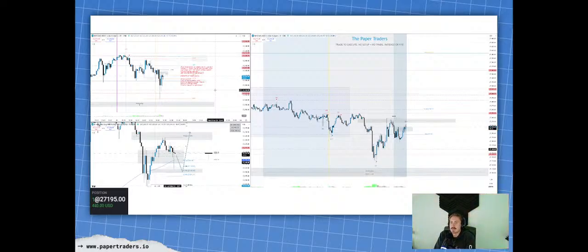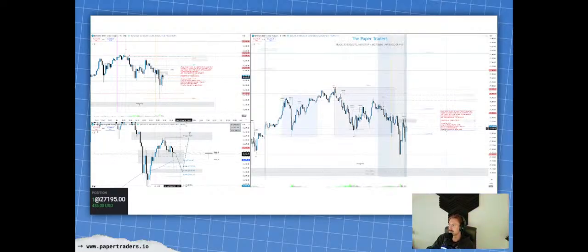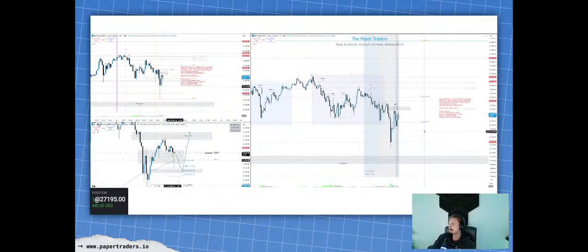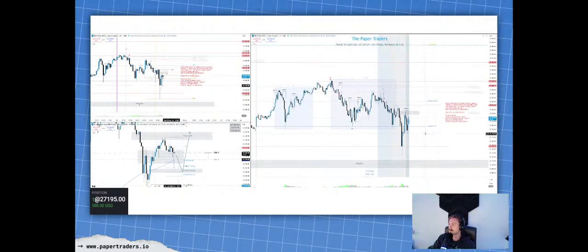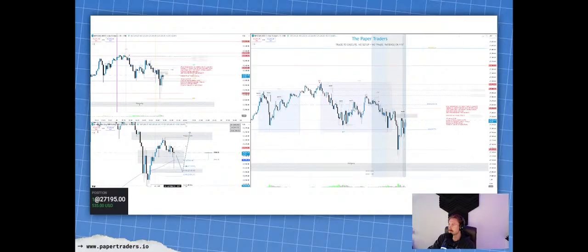15-minute fair value gap too. So yeah, it's 2 more minutes left in this 5-minute candle. Nice close back above that 1 minute. Come on.